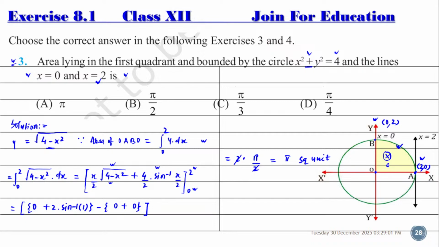So the area of this part is pi square unit. So the correct option of this question will be A. There is no problem to understand the solution of this question.